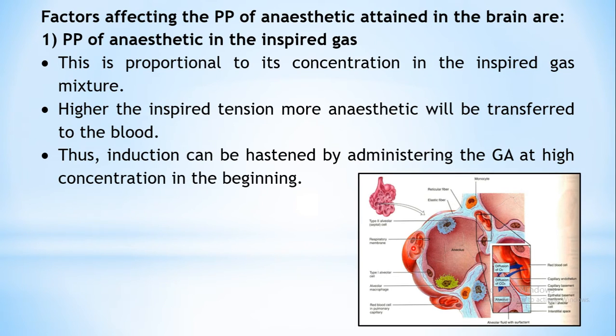So quickly your general anesthetic will start entering your blood circulation. The greater the partial pressure in the inspired gas, the faster will be the entry of your anesthetic into your blood circulation. So it will hasten the induction of the general anesthetic. Partial pressure in the inspired gas should be high, and induction will become quick.